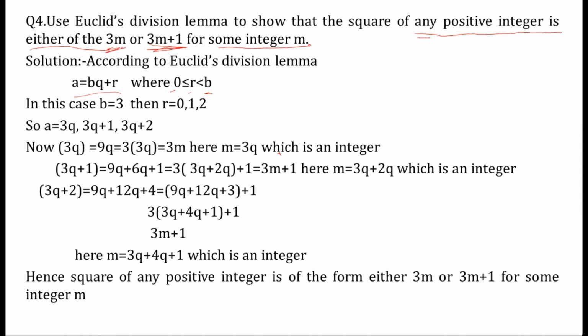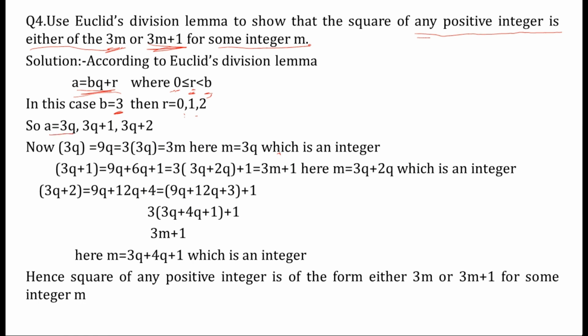According to Euclid's division lemma, a = bq + r, where r lies between 0 and b. Here the value of b is 3, and r must be less than b. Therefore, the value of r can be 0, 1, or 2.